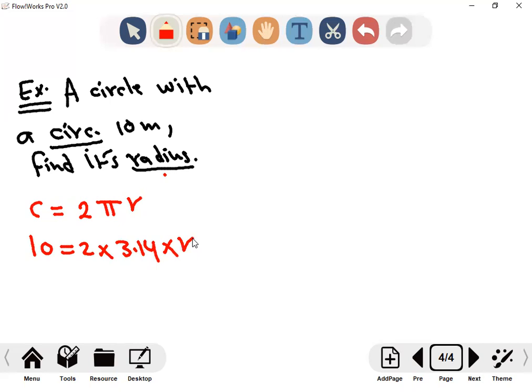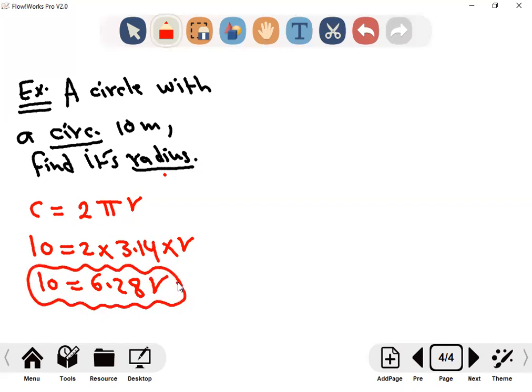Now 10, we simplify this 2 multiply 3.14. 10 equals 6.28 multiply r. What do we call this, guys? One step multiplication equation, like yesterday, the shifting we said. But if we have multiply, what will we do to find r? Divide, right?